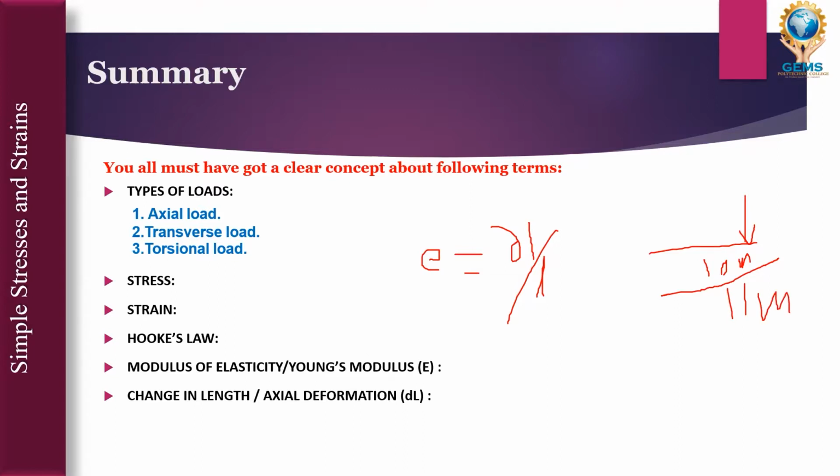So the change in length, that means 11 meter, divided by the original length 10 meter. Meter and meter will cancel. That's why it doesn't have any unit. So strain is unitless, or we can call it dimensionless.